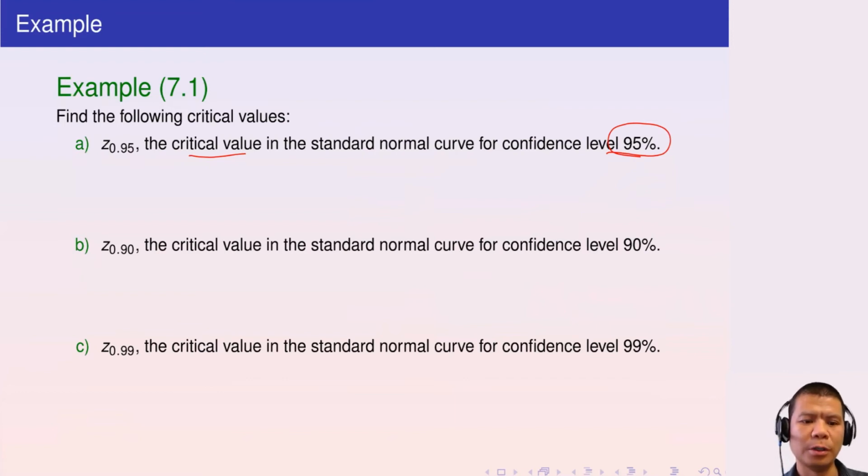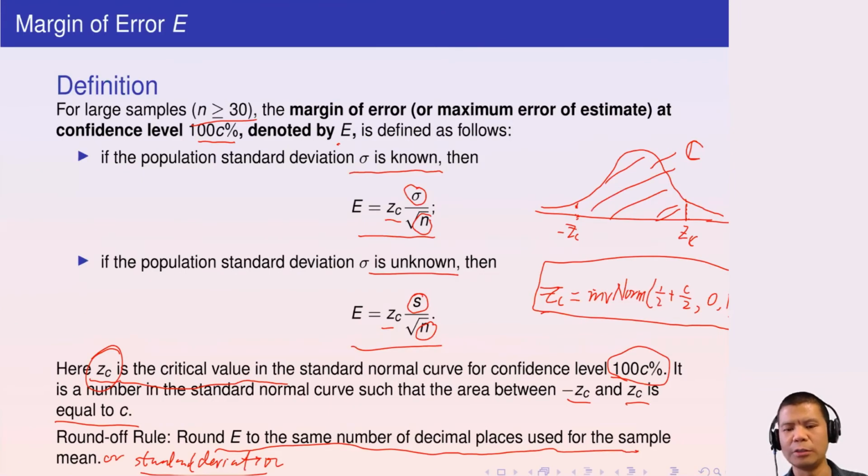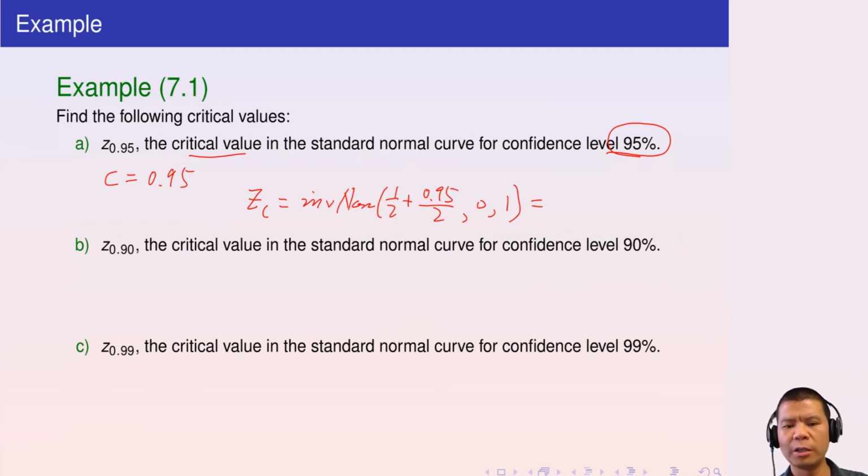In this case, C equals 0.95, and I'm going to use a calculator. It's inv norm of 1/2 plus 0.95 over 2, comma 0, comma 1. You should find using the calculator that this is 1.960.